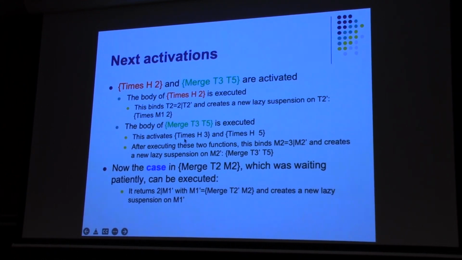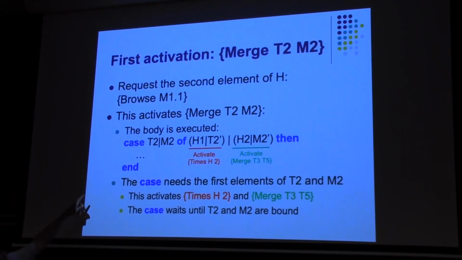I'm not going to show all the details, but eventually M2 is bound to 3 bar M2 prime, and a new lazy suspension is created on M2 prime. So again, it binds and creates a new lazy suspension. And now the case statement is happy because both T2 and M2 have values, 2 and 3. And this case, which was waiting all the time, now sees those 2 values and can continue.